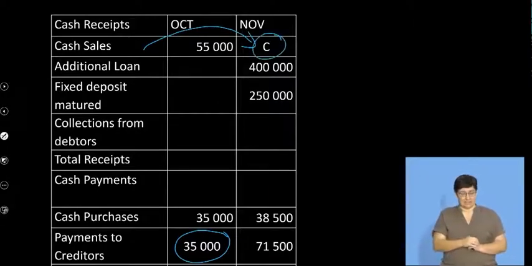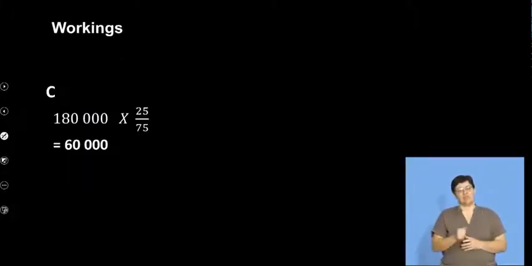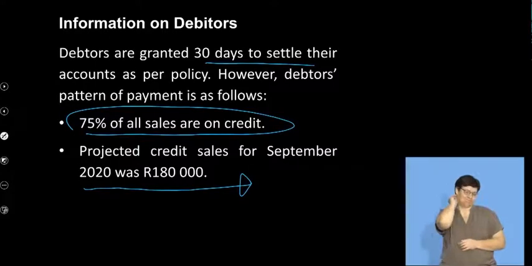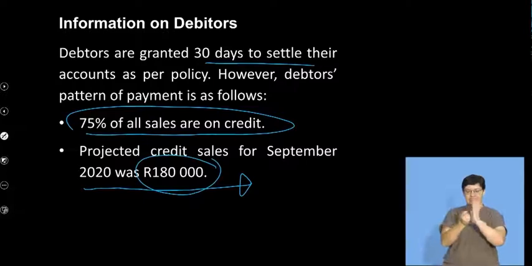There we go. Right. So if we're looking at the cash sales for November, remember what we want to do? We want to immediately take into consideration that you have a figure that's given to you. We were given here. Here's the figure. The projected sales, credit sales for September was 180,000 Rand.